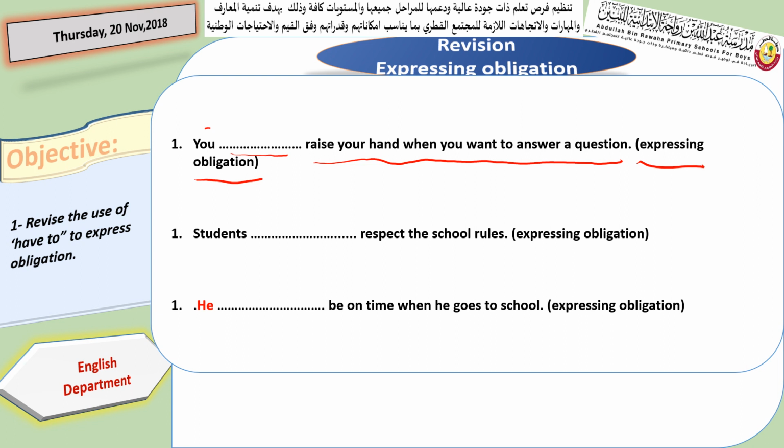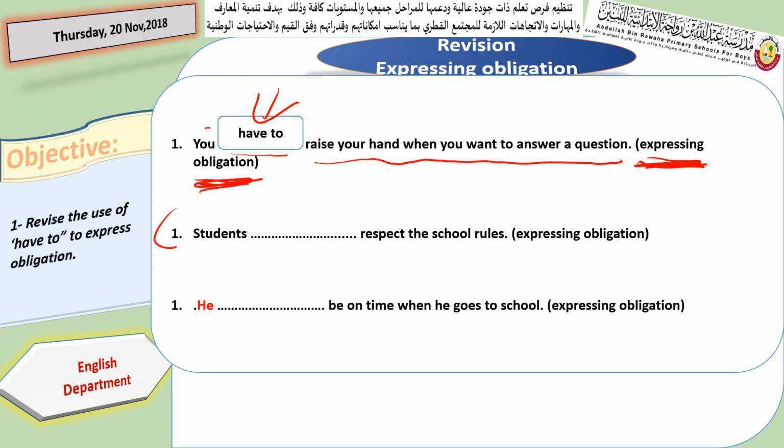What do we have to use here؟ ما الذي يتوجب علينا استخدامه هنا to express what? Express obligation لأعبر عن التزام. Here we use in this space we use have to. So the sentence will be you have to raise your hand when you want to answer a question. يتوجب عليك أن ترفع يدك عندما تريد أن تجاوب على سؤال.